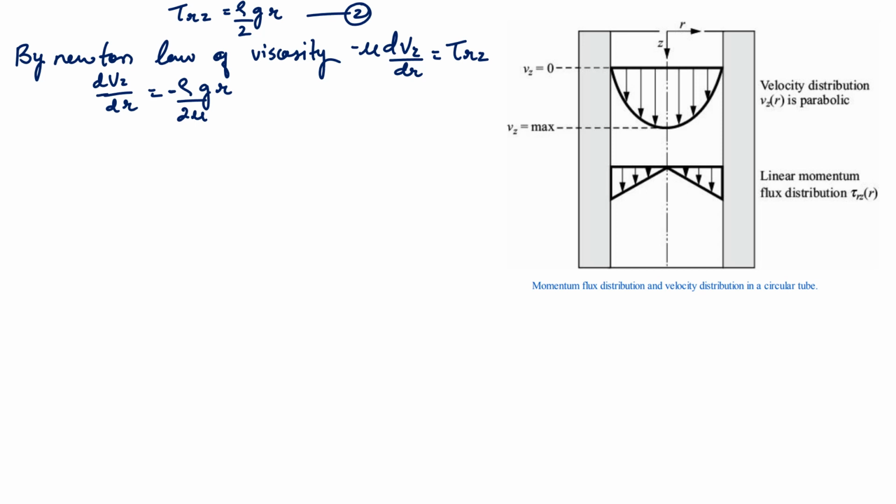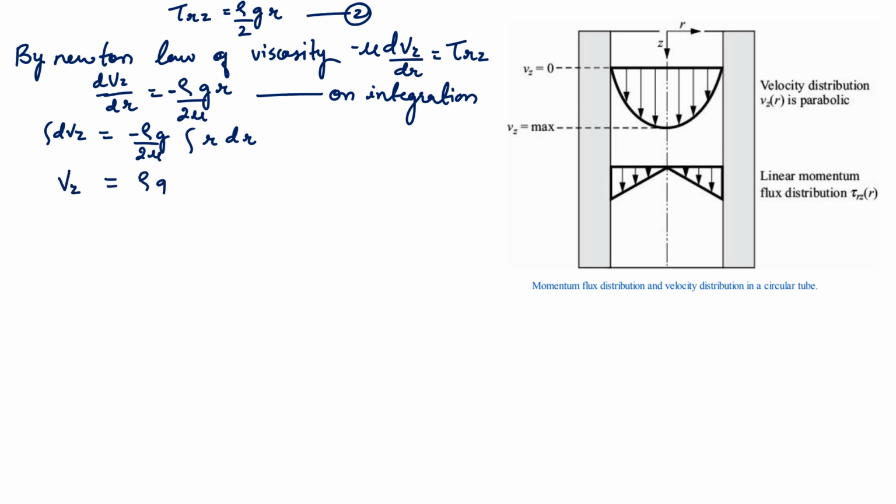Now integrating this, what I get is minus rho g upon 2 mu, integration of r dr. This becomes Vz equals minus rho g upon 2 mu into r square upon 2 plus C2.